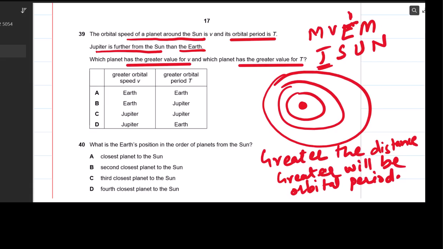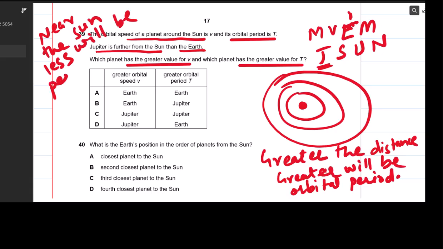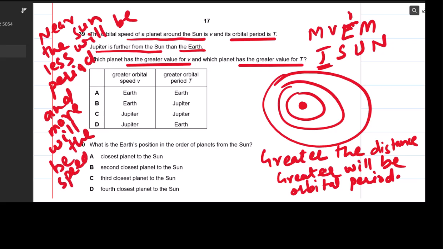And near the Sun, the period will be less and the orbital speed will be more, because v orbital is equal to 2 pi r by t. The less the time, the greater the orbital speed. So it is Earth which is the near one, and Jupiter the far one. So B is the right option.